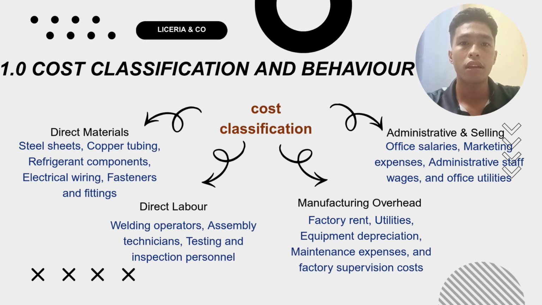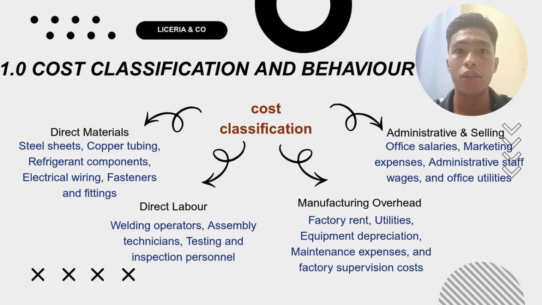Direct materials include steel sheet, copper tubing, refrigerant components, and electrical wiring that are used directly in producing HVAC units. Direct labor consists of wages paid to workers involved in assembly, welding, and testing processes.